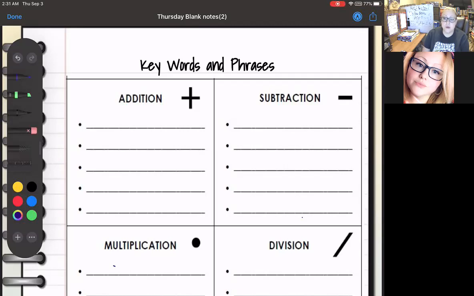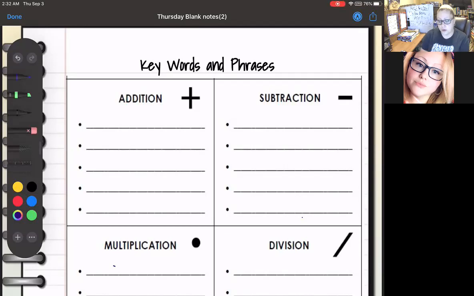So we also have to know key words and phrases that are used because sometimes we will have to write expressions or we will see word problems and we will have to understand what those word problems actually mean. So we need to make sure before we move forward that when we're reading word problems, we know what they're talking about. So let's take these notes.